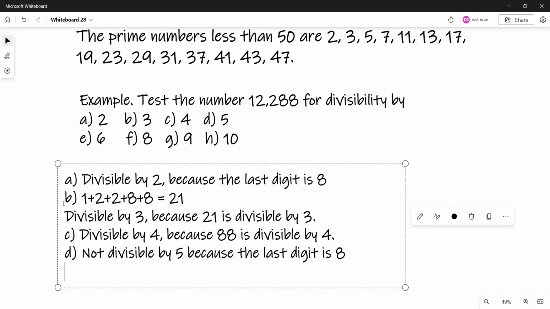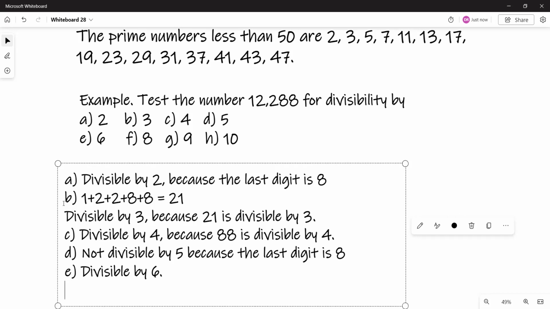And we already saw that it is divisible by 2 and 3, so it must be divisible by 6.